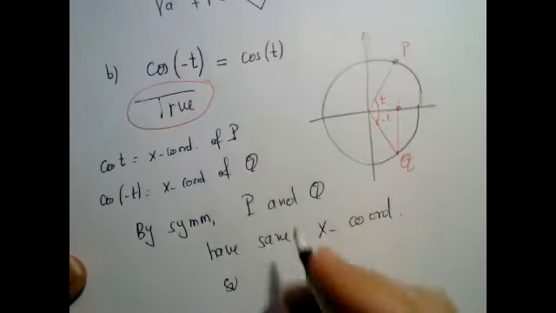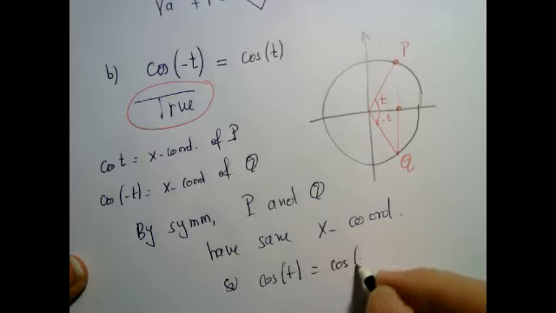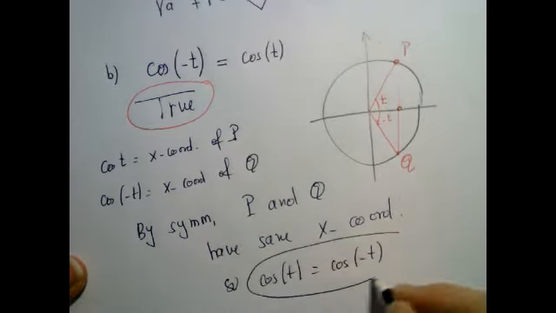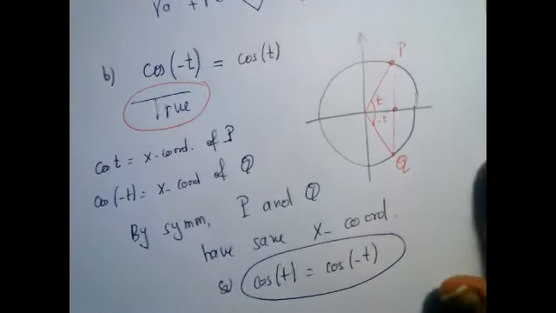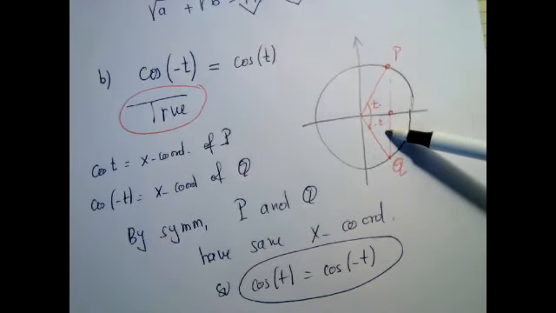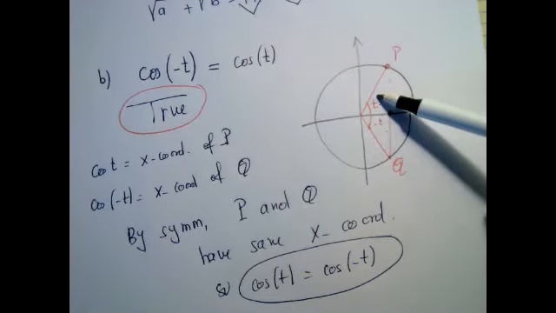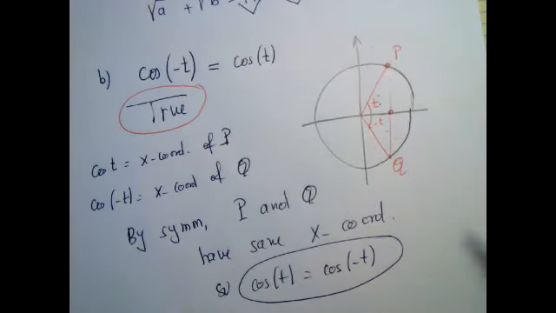So the cosine of t and the cosine of minus t, that's an identity. They are always equal to one another, regardless what the angle is. So cosine pi over 4, cosine minus pi over 4 are the same. Cosine pi over 3, minus pi over 3 are the same. Okay, so that's an absolutely true statement.